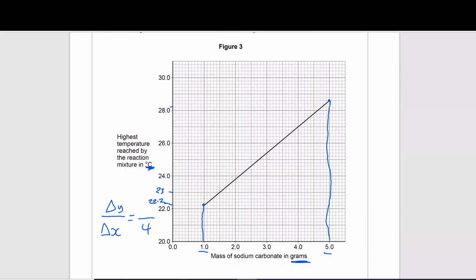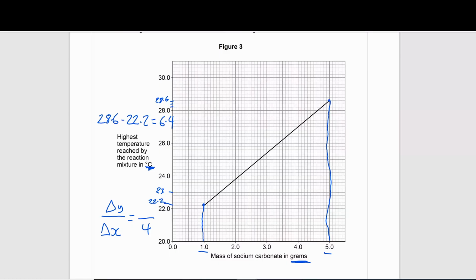For our highest point, let's do the same. We've got 3 lines after 28, so that should be 28.6. So the change in our y value is going to be 28.6 minus 22.2, and that should give us 6.4.